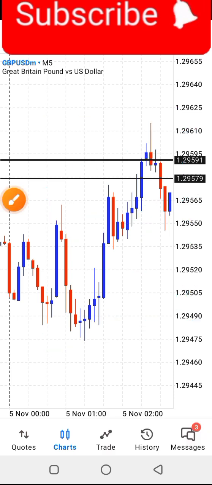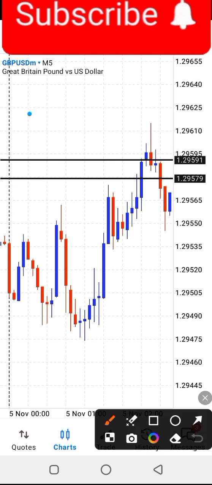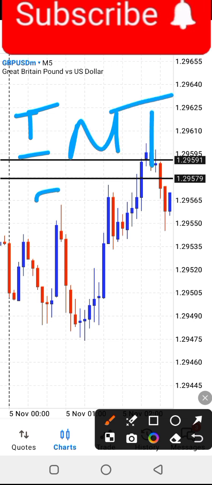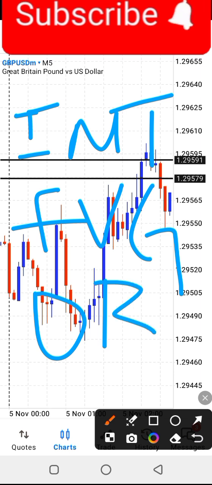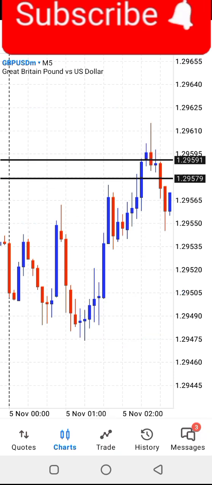You can also call it external range liquidity. It all depends, it's still the same thing. While internal liquidity, INT, has to do with FVG, fair value gaps, and other blocks. So fair value gaps and other blocks represent internal liquidity.